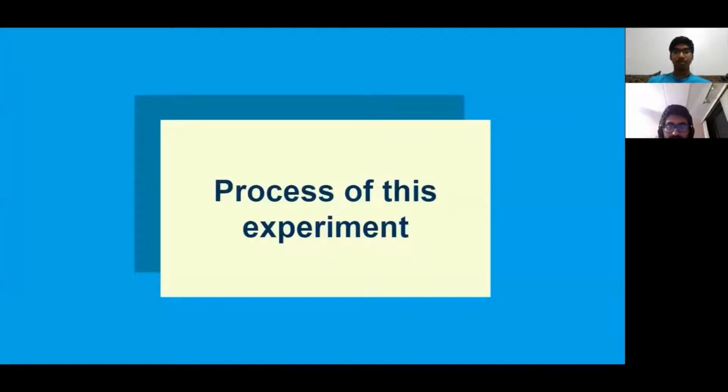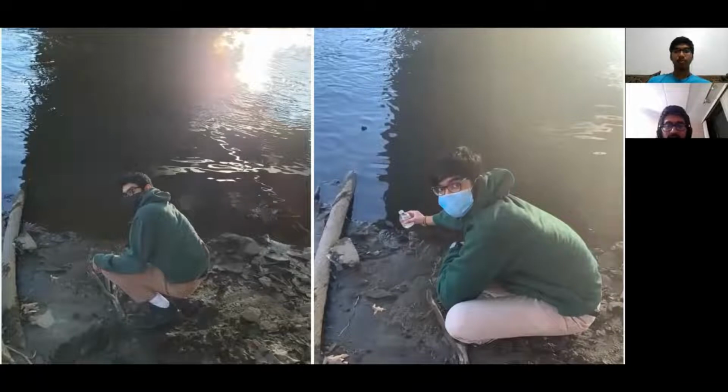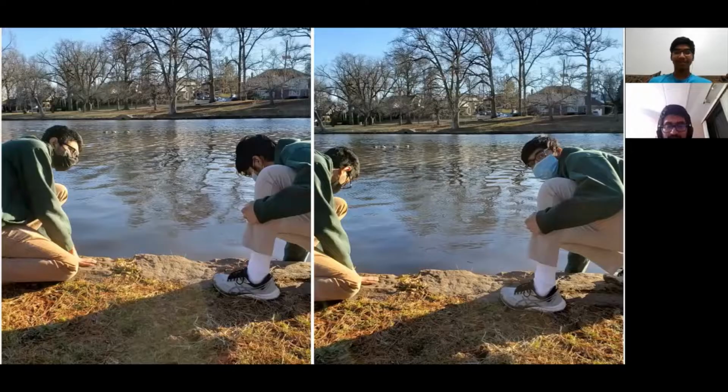Okay, the process of this experiment. Here, we are taking water from the Garfield/Paterson Falls area. We expected to find more chemicals in this water sample, as this is near the industry. Here you see me and my partner collecting the water samples from the river.